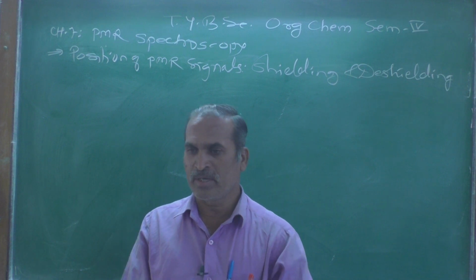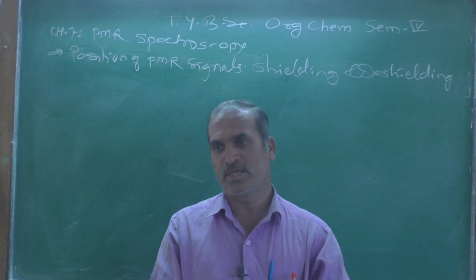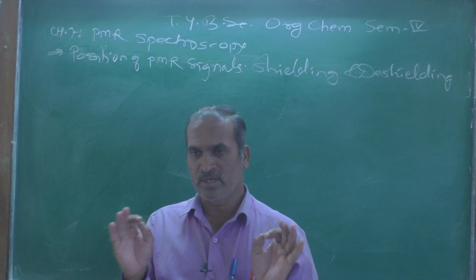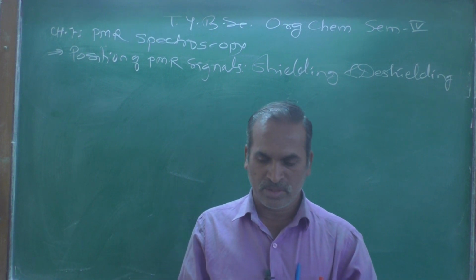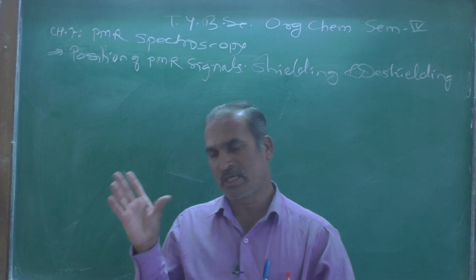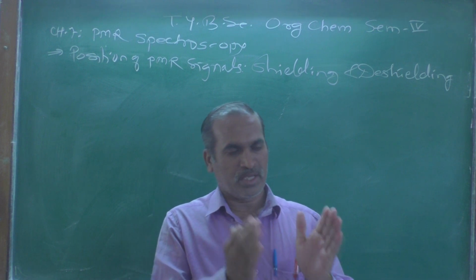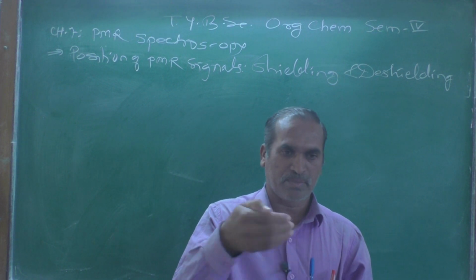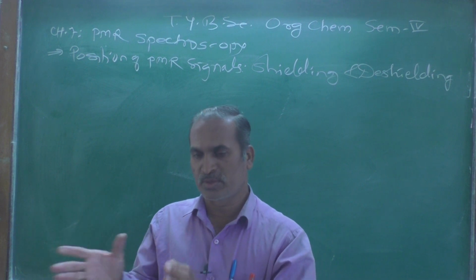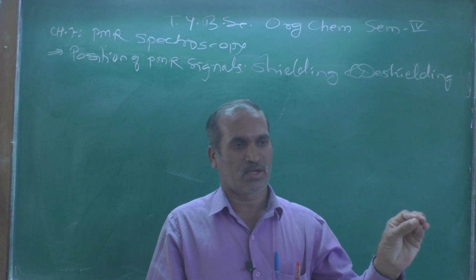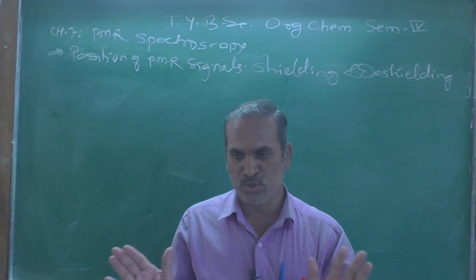Do you remember what we were discussing yesterday? I think we were discussing the number of PMR signals. The number of PMR signals depends upon the number of types of proton present in the given organic compound. That's so simple.